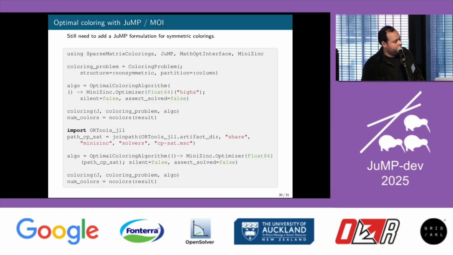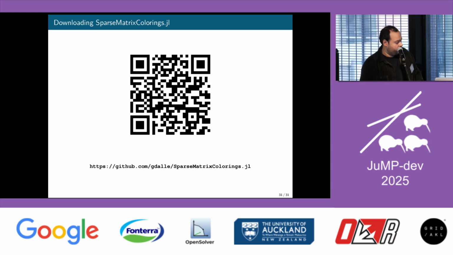And at the end, we can compute a coloring as a constraint programming problem. So this is another way to compute it. For sure, it's a difficult problem, but we can use a time limit and see if we can get a better solution than the greedy implementation of the coloring. And this package is registered and has almost no dependencies, so it is quite easy to integrate in other packages.